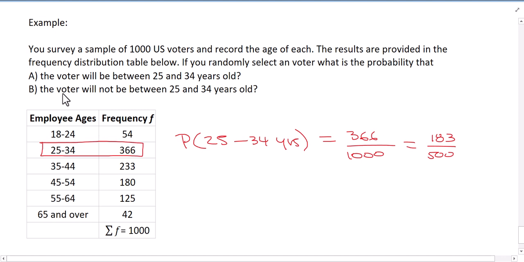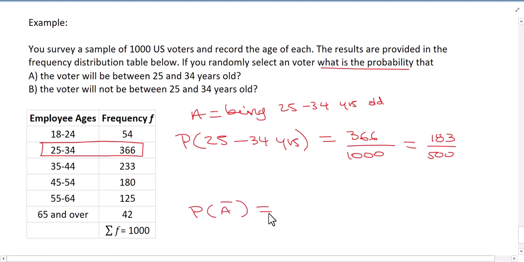Okay, part B: what is the probability that the voter will not be between 25 and 34 years old? If my event A is being 25 to 34 years old, then I'm finding the probability of not A. I can try to add up all these: 54 plus 233 plus 180 plus 125 plus 42.